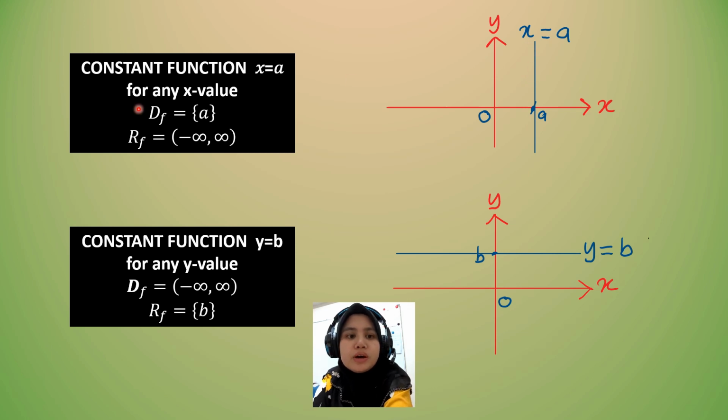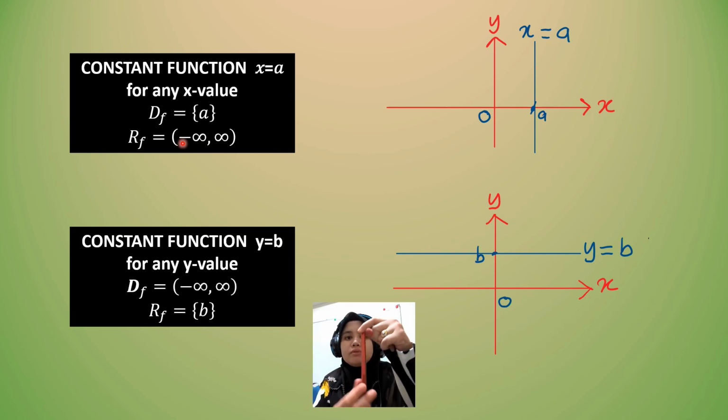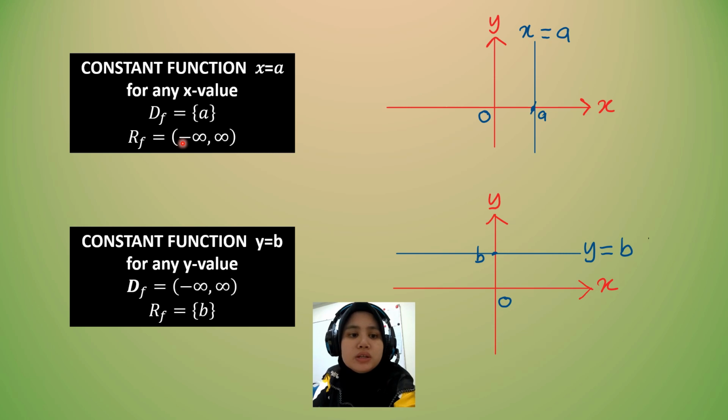Vertical graph, so our domain is only at position A. For domain you have to look from the left to the right, but for range you have to look from bottom to the top. So this is easier for the constant function. Our range will be negative infinity until infinity. You can go to the bottom and you can go to the top.